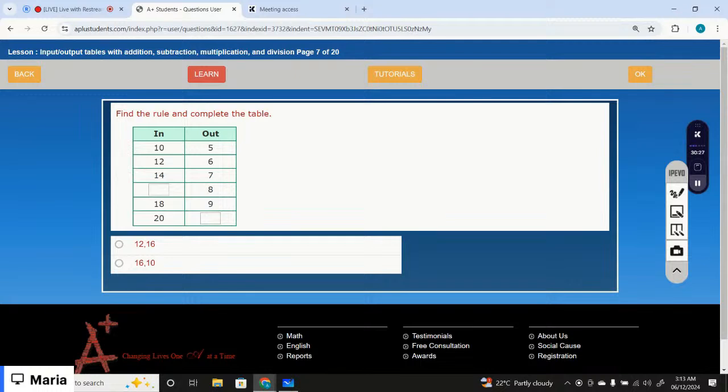Find the rule and complete the table. So which is the correct option? The correct option is 16 and 10. Option number 2 is the correct option.